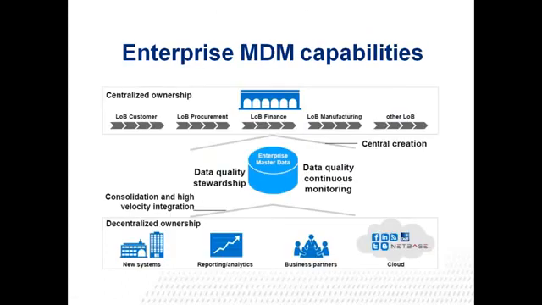Moving on to the next slide, there are two lines we can see here. The upper line denotes centralized ownership of the business, and the bottom line shows decentralized ownership. What is centralized and what is decentralized?